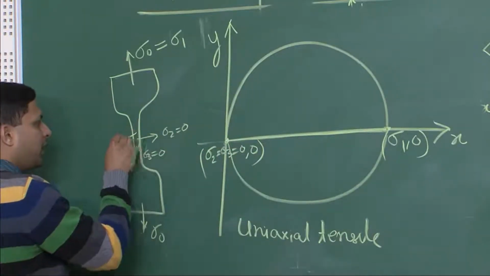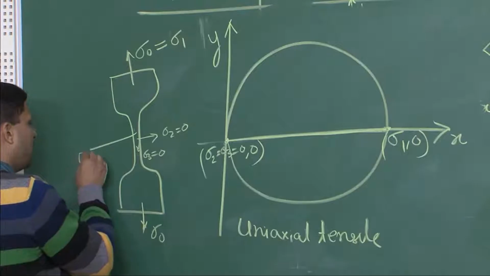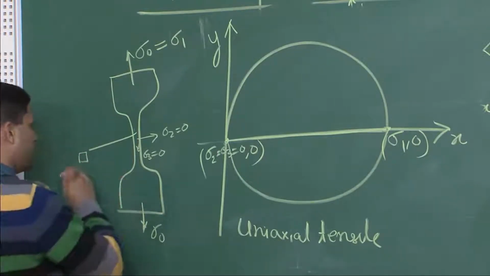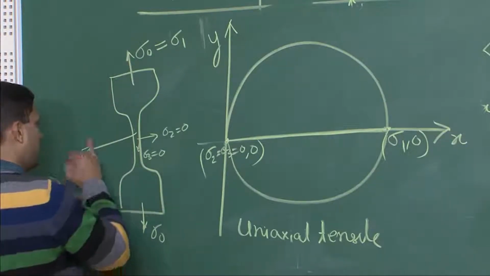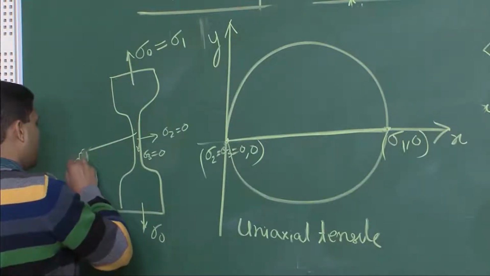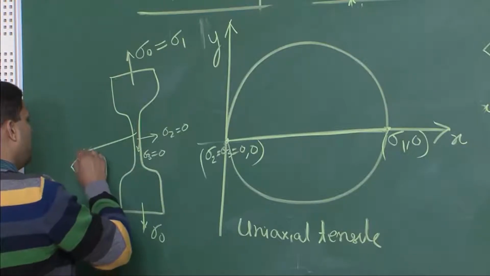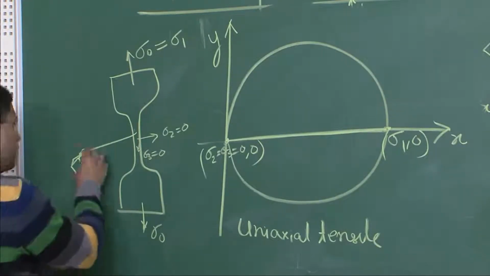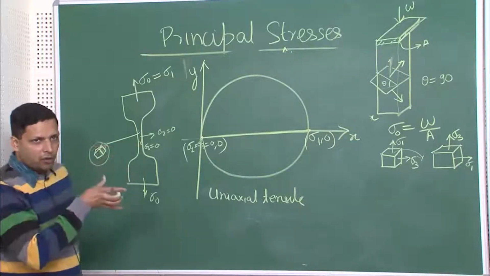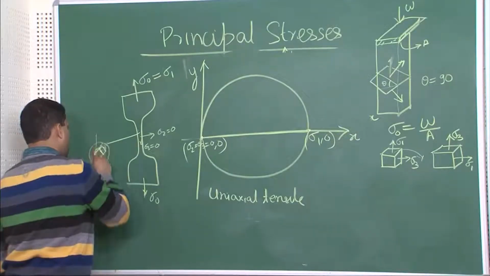However, if you take an element over here and look at it in a different orientation. So, instead of looking at it in the same orientation as the stresses, let me take an element in a slightly different direction. Now you see this is a little bit rotated, I have rotated it clockwise by some angle, let us say theta.